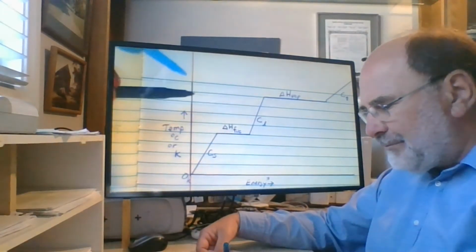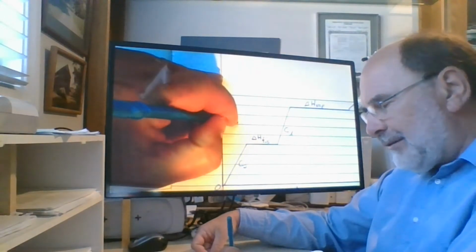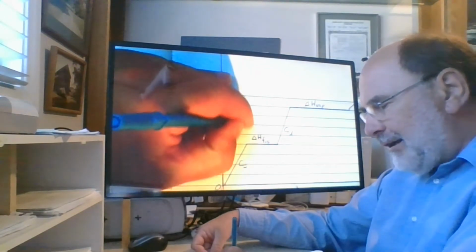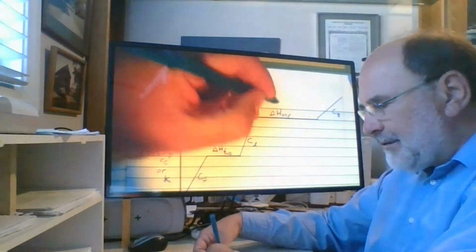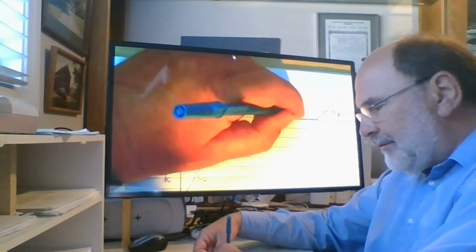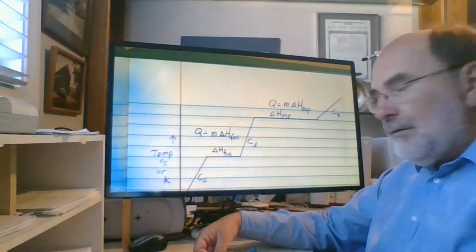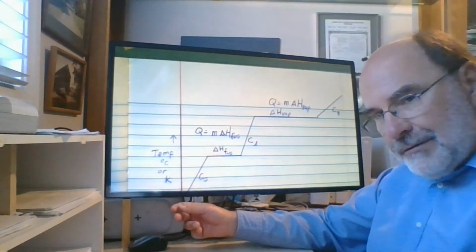So the equation for this part, if you look at your reference sheet, says Q equals m times heat of fusion. And for this part, Q is equal to m times heat of vaporization. Those are the two equations to use. And there's only three variables.